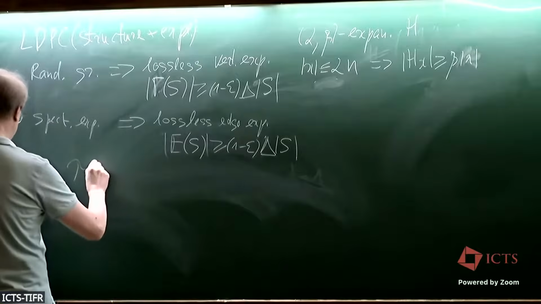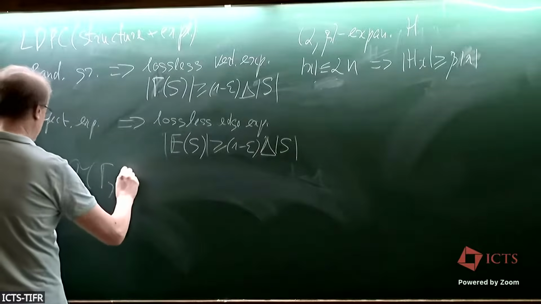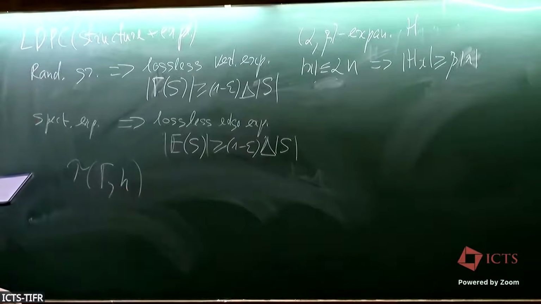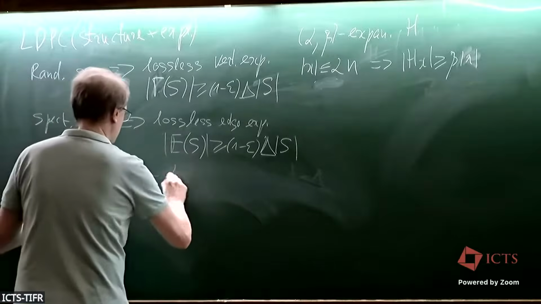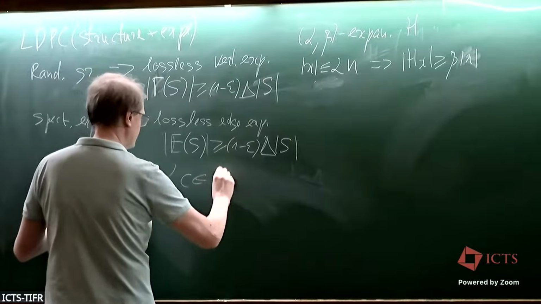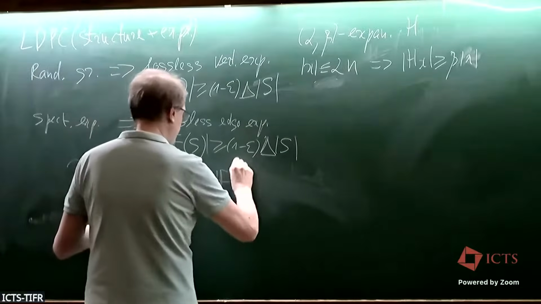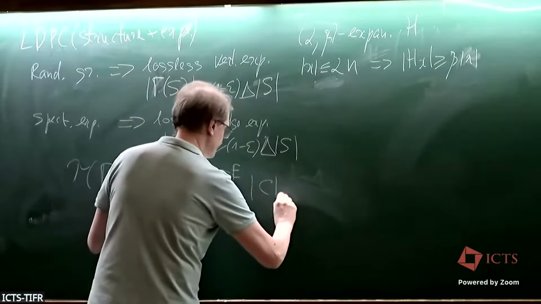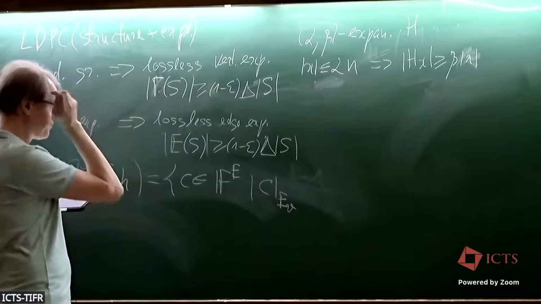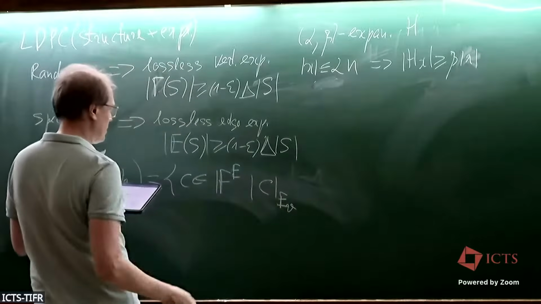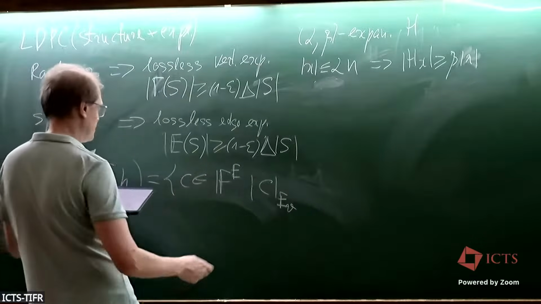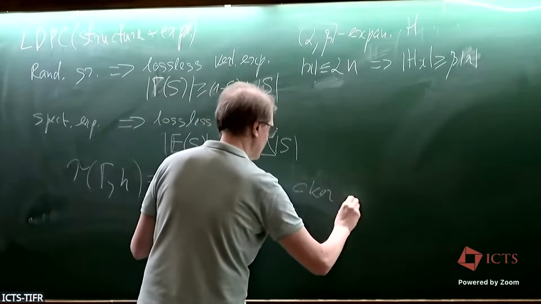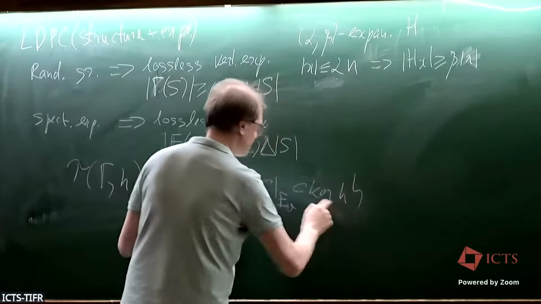It's just a Tanner code obtained from a graph and from a small code defined by a small parity check matrix H. You put your bits on the edges, and for each vertex, when you restrict the string to the neighborhood of the vertex, you get an element of this local code.